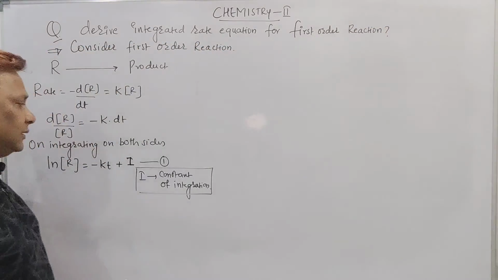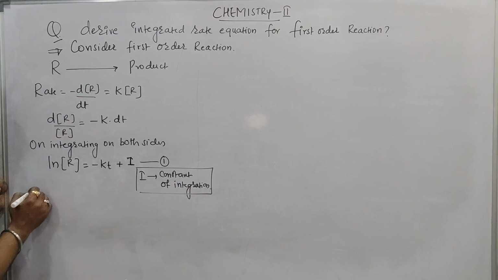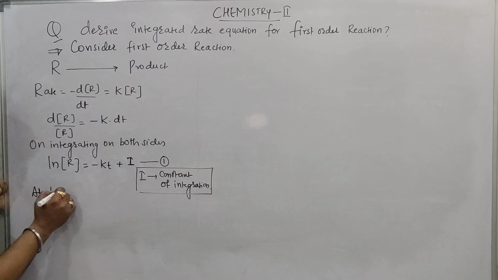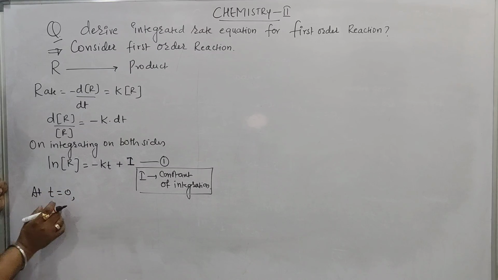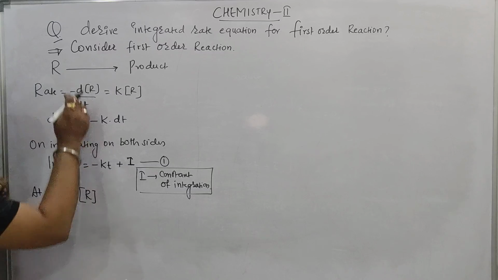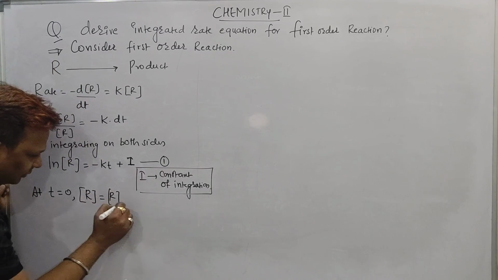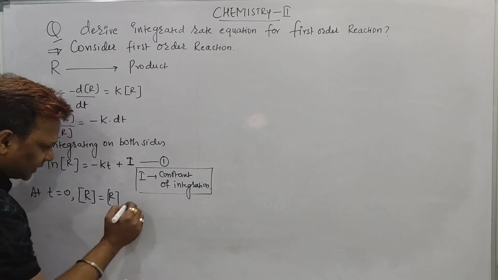Now we will consider the next concept. In equation 1, at time t equal to 0, the concentration of reactant R becomes R0. Do you know what R0 is?